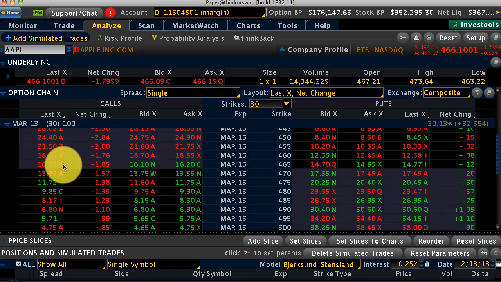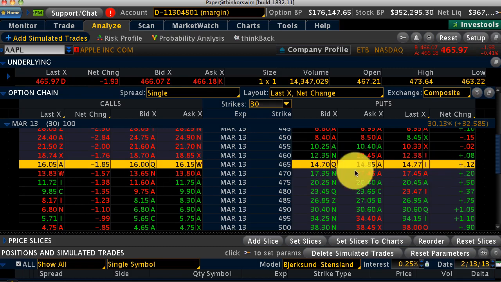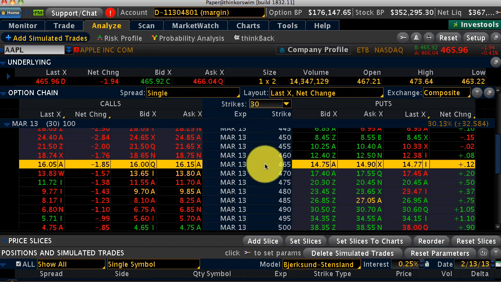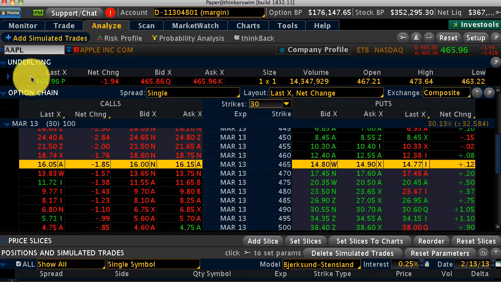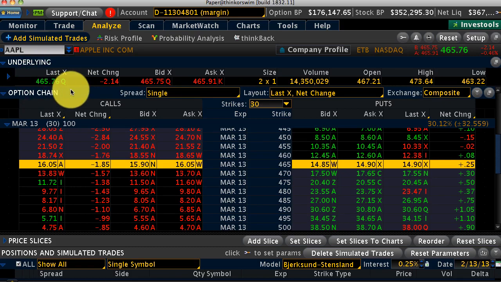So if you compare the at the money call and the at the money put, they are somewhat similar. And there's a slight difference between the two because technically the 465 call is in the money and the 465 put is out of the money. That's because the stock is trading at 465.96. And that's why you see that small difference there.